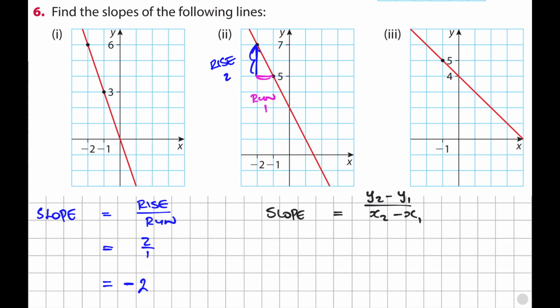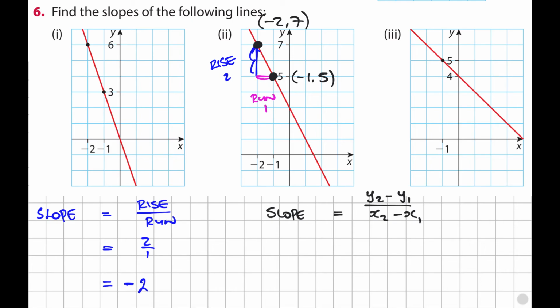Now, we need to be able to do it using the coordinates as well. So this coordinate there is minus 2 and 7. And this coordinate here is minus 1 and 5. So we're going to use the formula.